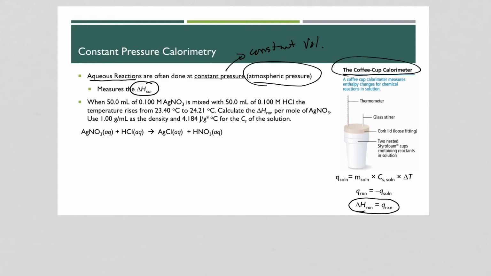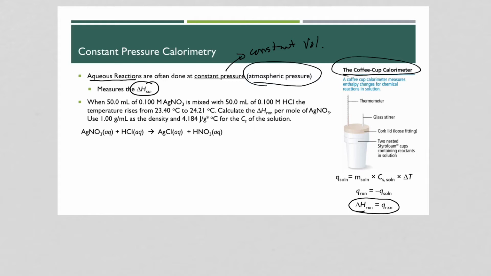And then we typically just have something to measure the temperature change, just like we had in the bomb calorimeter. And we might have something that allows us to stir the reaction. So let's look at one of these reactions and go through some of the ideas as we look at it.